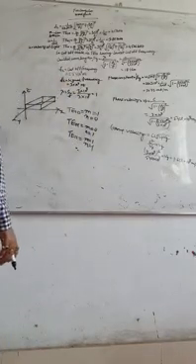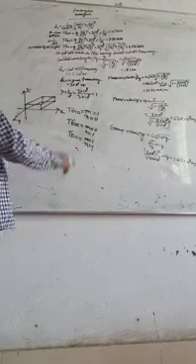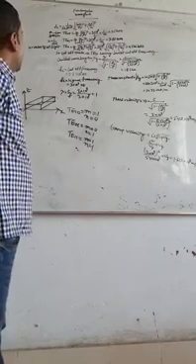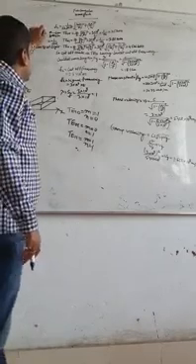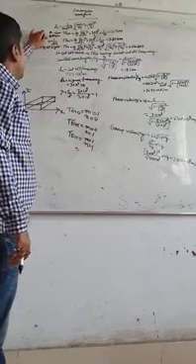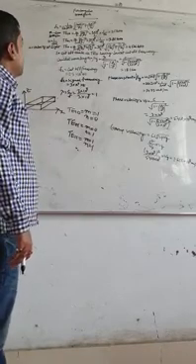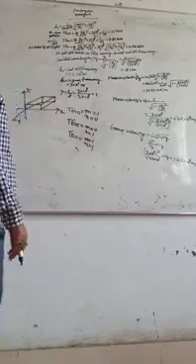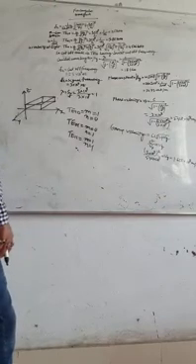TE10 mode, m is 1, n is 0. So it is u by 2 into root over of (m by a) whole square. So it is 3 into 10^8 divided by 2 into 1 by 0.06, since the length of the wall is given as 6 cm and the width as 4 cm. So it is 2.5 gigahertz.